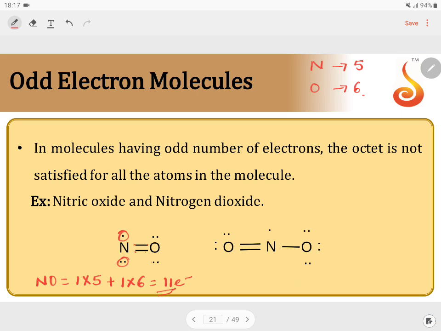Similarly, if you consider nitrogen dioxide, NO2, the number of electrons is 1 into 5 plus 2 into 6, that is 5 plus 12, so it will be 17 electrons. There are certain molecules with an odd number of electrons, and the central atom does not satisfy the octet. How do we justify that?